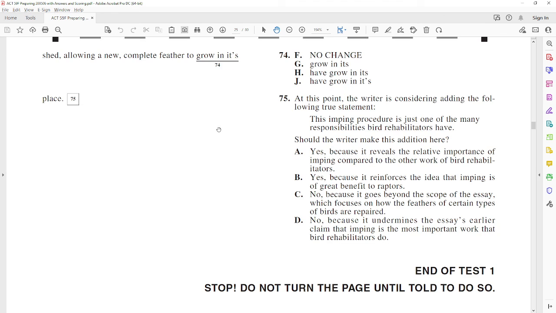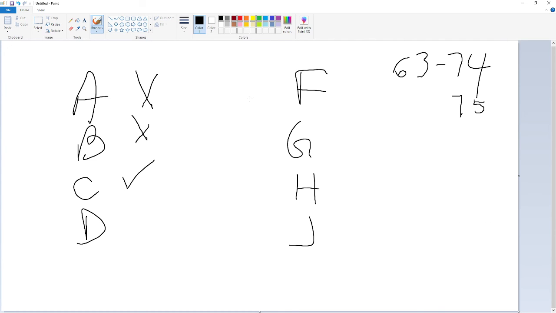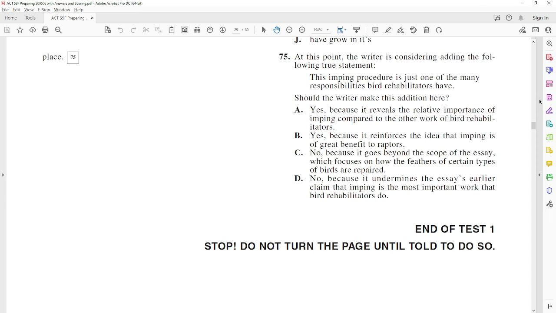If it's just one of many responsibilities, it could still be the most important work. So it doesn't really contradict that. But really, the main problem is the passage doesn't go on to explain what these other responsibilities are. So D is out. The answer is C for 75.